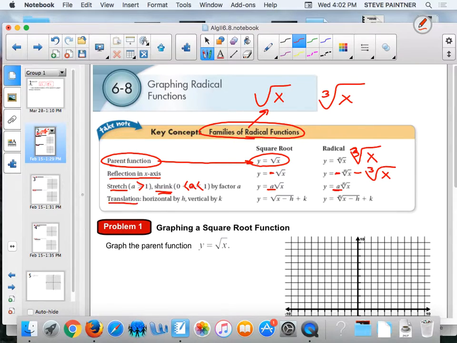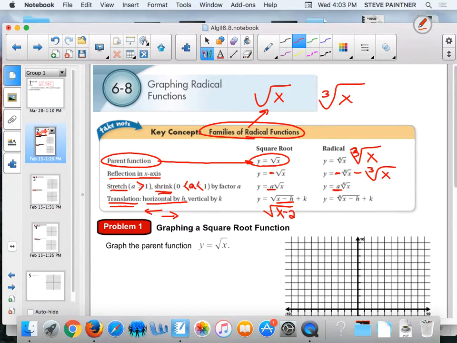Next, we have translations. That's just basically the parent moves up, down, right, or left. And of course, here it says horizontal. That's your left, that's your right translation. That will only happen when it's inside the radical, like x minus, for instance, x minus 2.